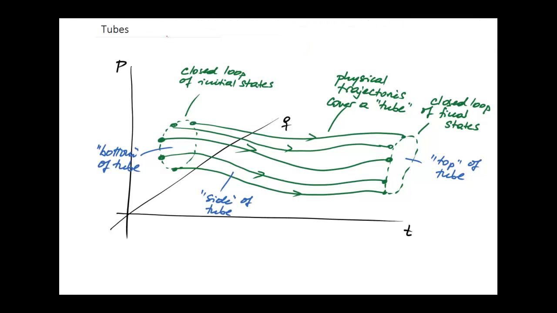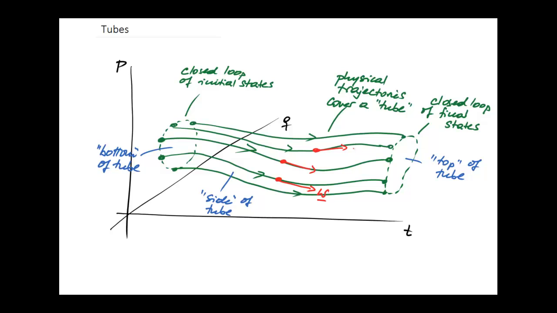As before, we can consider tangent vectors to these physical trajectories. So we can consider, for example, here, the tangent vector W. At this point here, we can consider the tangent vector. Here we can consider the tangent vector, and so on.